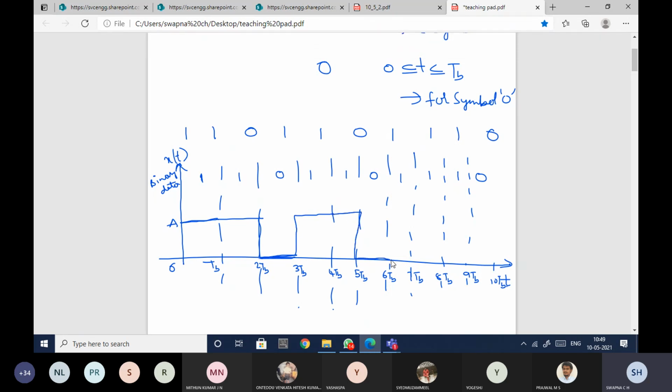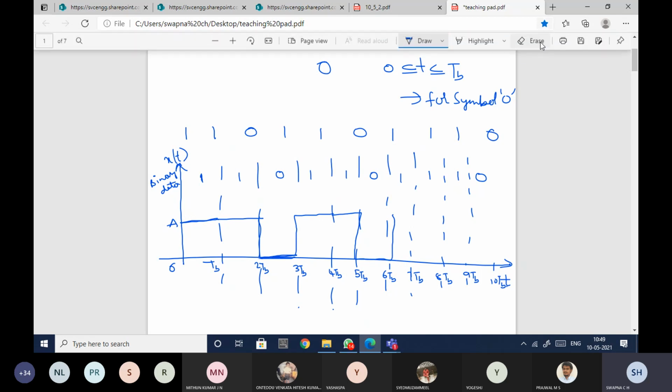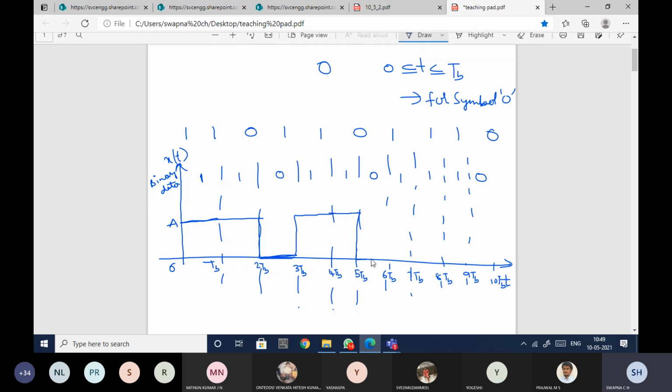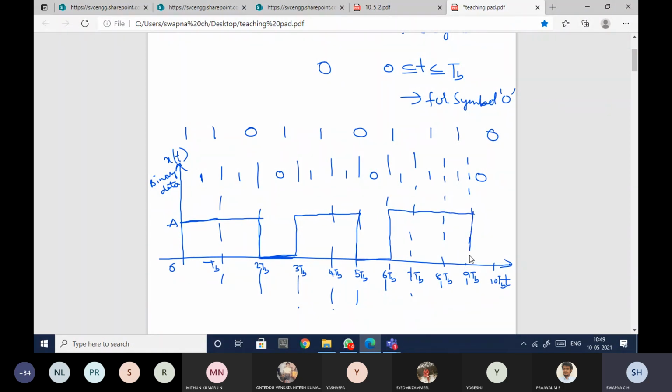Next 0 0. Then 1 0 1, again 1 1, finally it is 0.